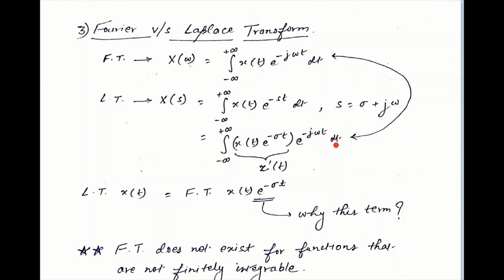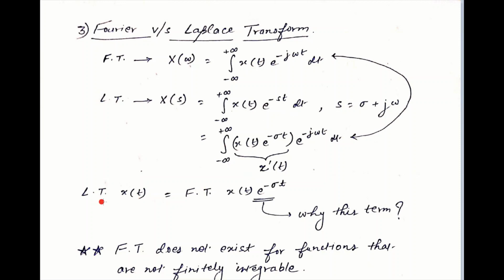This is simple mathematics. So now when I put them together, x(t) into e raised to the power minus sigma t, we name it x dash t. So if we look at this equation, and if we look at this equation, what can we infer from these equations?